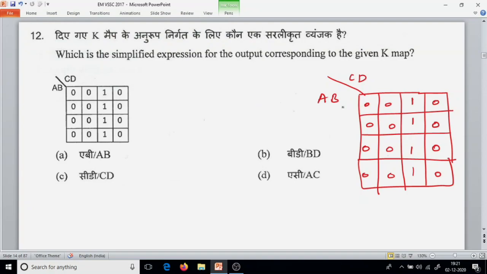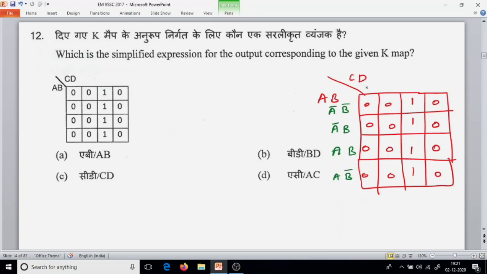Now what is this here? This is A bar B bar. This is A bar B, this is A B, and this is A B bar. This is based on Gray code.